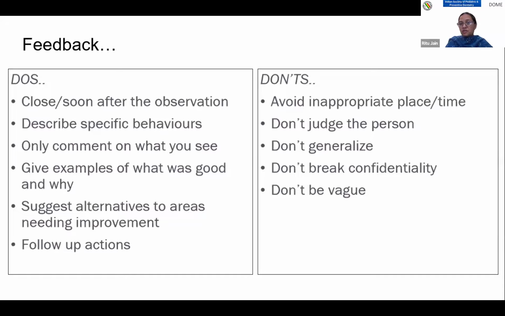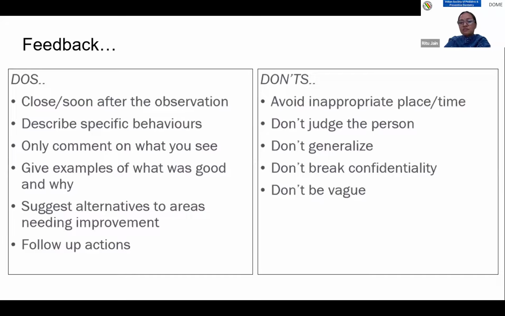If you feel that the student is fumbling with the practical aspect of the skill, we can ask the student to practice more on the models before you do the next patient. So always suggest alternatives to areas needing improvement, and always devise a follow-up plan or a follow-up action of how the student is going to work upon his weaknesses, what exactly the student is going to do, and when the student would come back to get his skills reassessed.